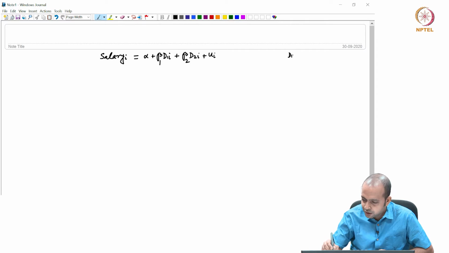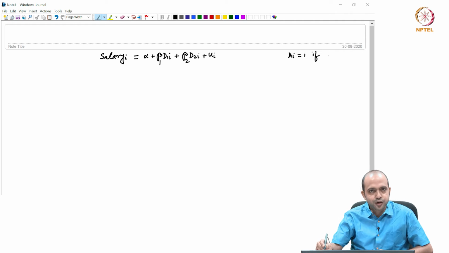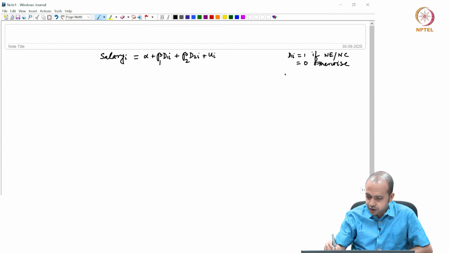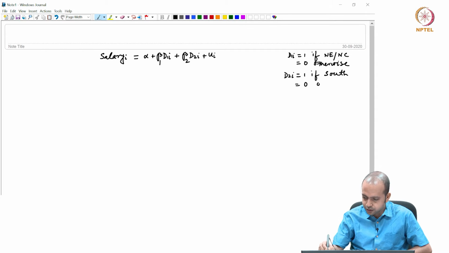D1i equals 1 if the particular ith state belongs to the northeast or north central region, 0 otherwise. Similarly, D2i equals 1 if south, 0 otherwise.